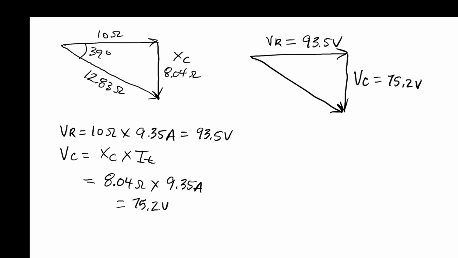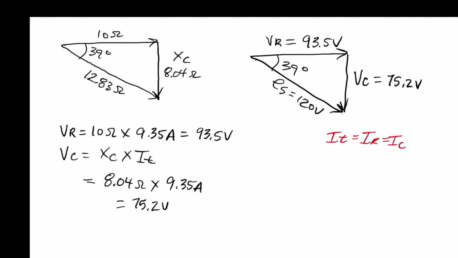Now, proving Kirchhoff's voltage law, this should be ES equals 120 volts, and this angle here should be 39 degrees. So if we take a moment to look at the voltage-current relationship here, remember in this circuit, I total equals IR equals IC.